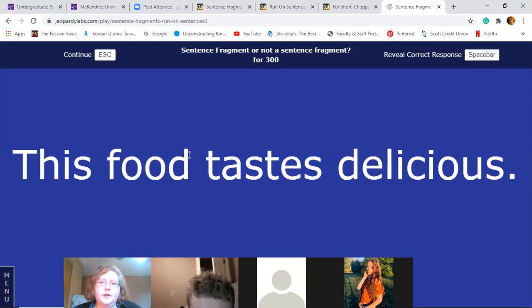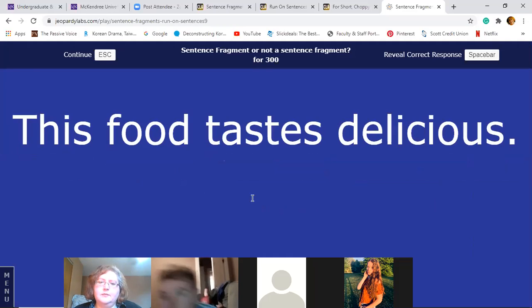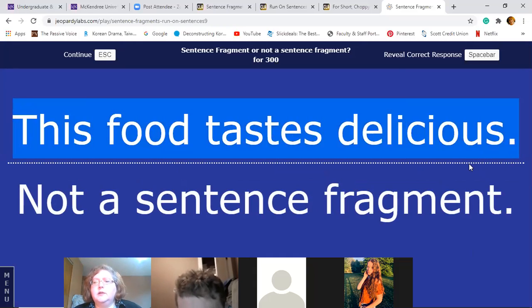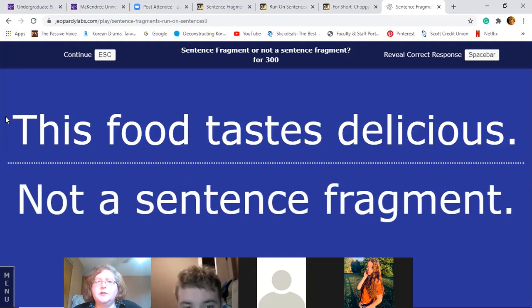Yes, this food tastes, and then we have an adjective. So this actually is not a fragment. It expresses a complete idea. It's true that this food tastes delicious. It sounds like a normal sentence because you've got your subject and you've got a verb. This one is good.